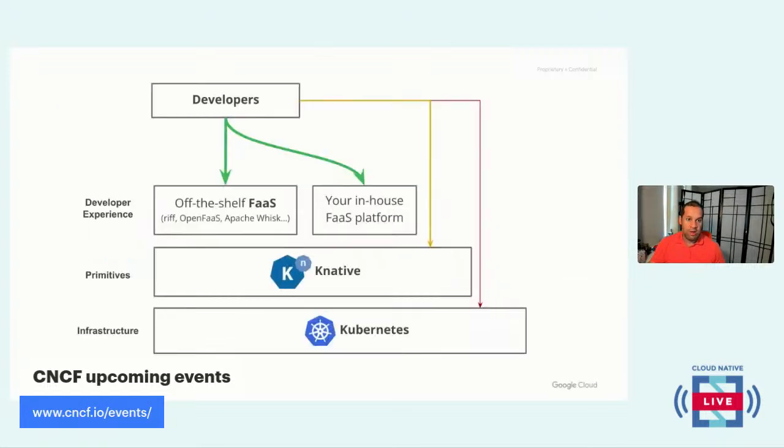So when we look at developer experience with Kubernetes and Knative, you have your developers, and you have the infrastructure which Kubernetes is handling. The primitives of Kubernetes, so things like ingresses, services, networking, TLS, all that fun stuff, is being handled by Knative. And then what we've seen some people do is build some additional tooling on top of that just to make it a little easier.